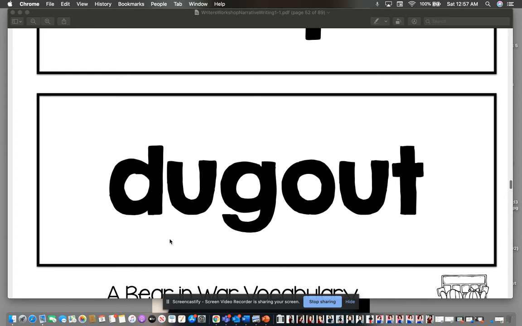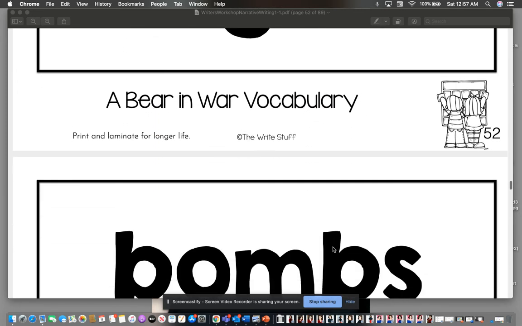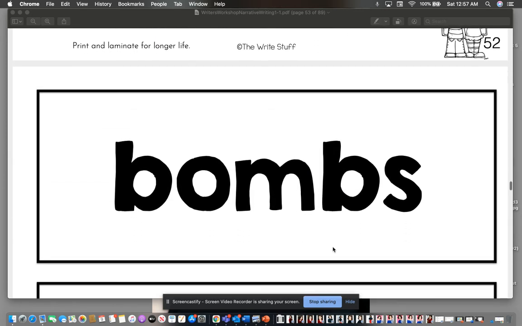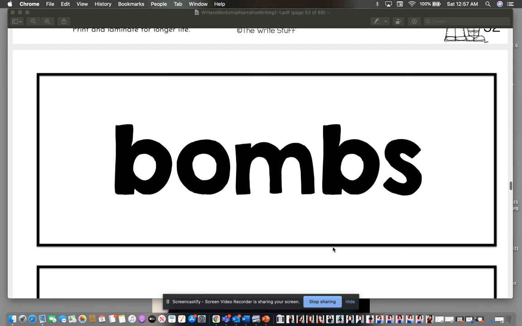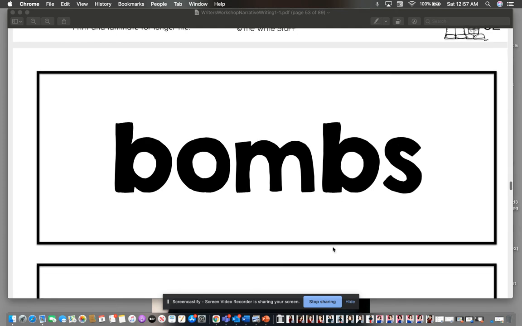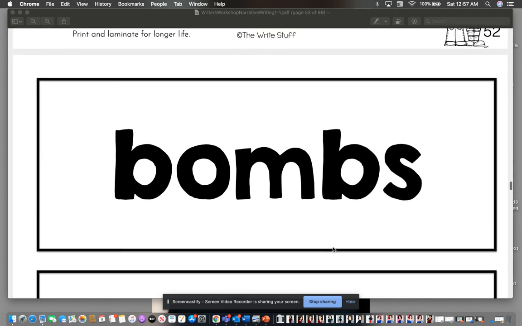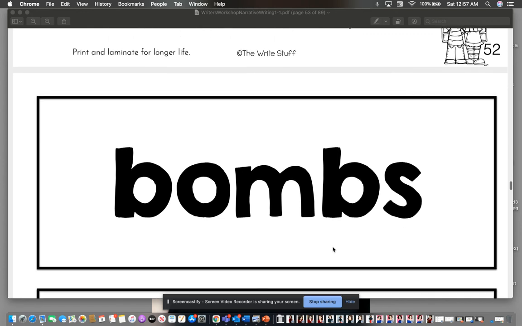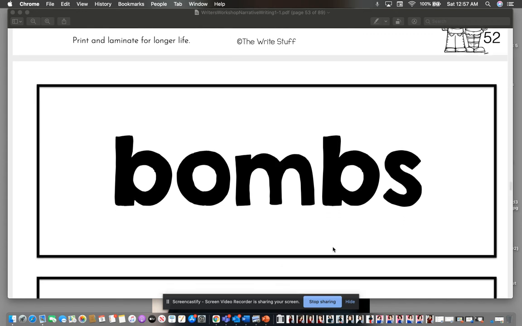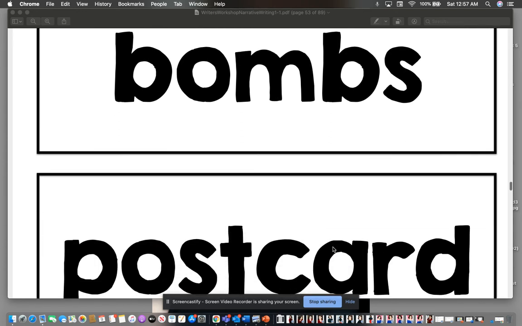Here is another compound word. We have dugout. Think about where you've heard that word before. I'm sure most of you have probably heard that one. Then we have the word bombs. So the name of the story we're reading is A Bear in War. So think about what that word might have to do with the story.